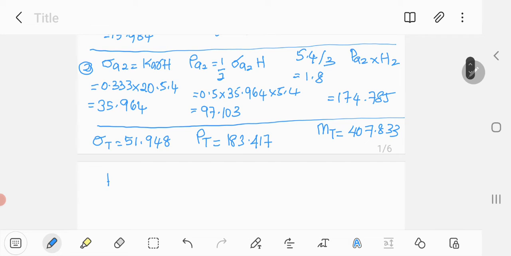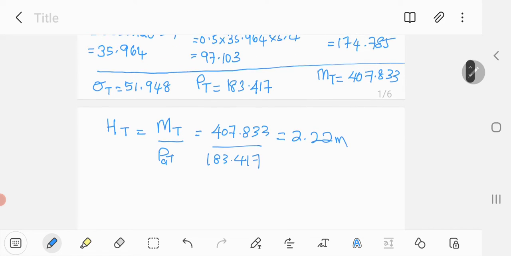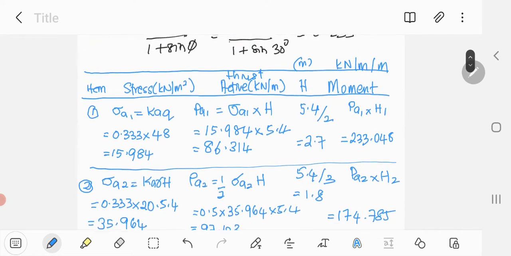To calculate the position for the combination of items 1 and 2, you can use this equation: total moment divided by total active thrust. So 407.833 divided by 183.417 gives 2.22 meter. So that is for the total element.